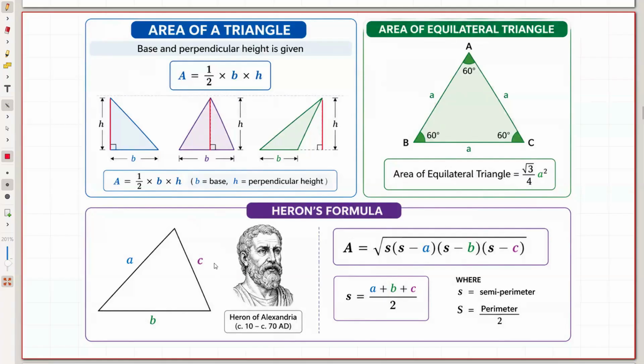If all the sides are unequal, A, B, C all different, we'll go with Heron's formula. For finding the area of a scalene triangle, we use Heron's formula.